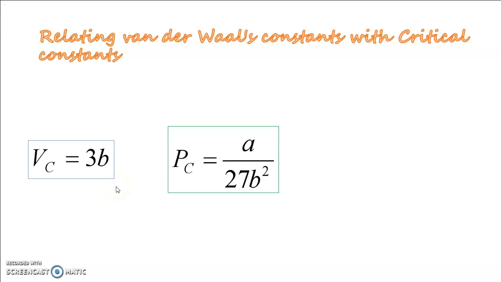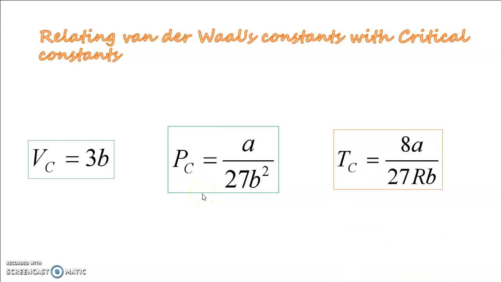This is what I said earlier, that you write it along with my lecture so that it becomes easier for you. And inserting this value of Vc and Pc in the first equation, we will get Tc = 8a/27Rb.